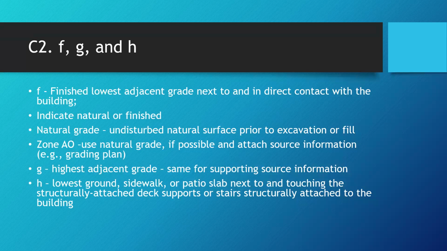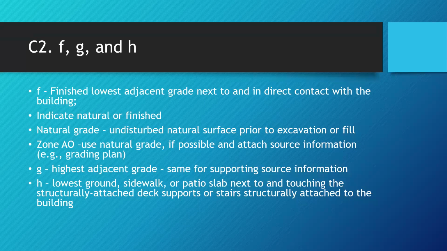And then the instructions really emphasize in zone AO that you want to use natural grade if possible, and then attach that source information, such as a grading plan. And I heard it suggested that if there is fill in the zone AO, that you might want to do like a soil boring or somehow get the natural grade information.